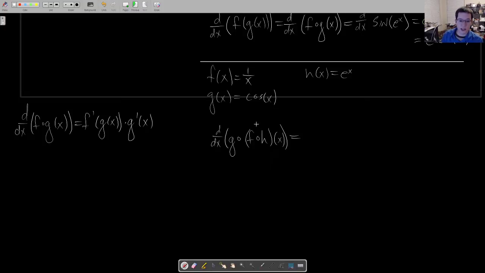So G of F of H of X. Now, let's go ahead, find our derivative pieces, because that's easy enough. So f prime of x equals the natural log of x.